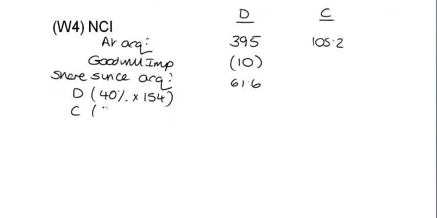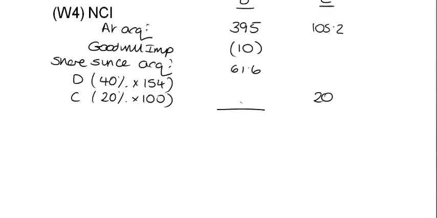For captive, they're going to have 20%. How much has captive made? Captive has made 100, so therefore I'm going to add 20 on, like so. So we have a figure of 456.6. We're going to come back to that in just a sec.